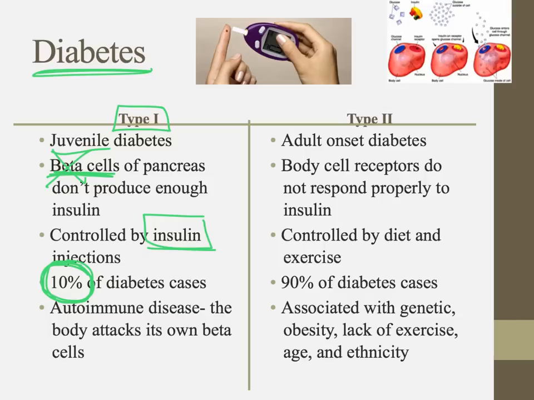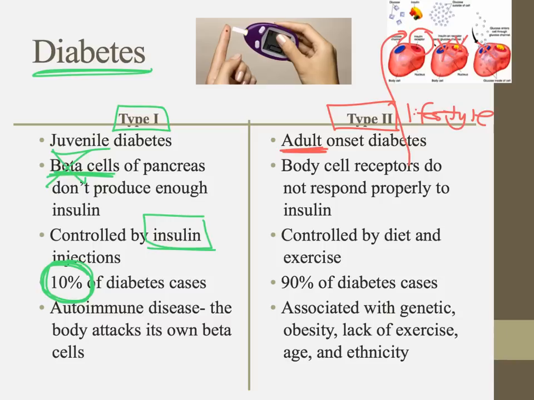This is quite different than type 2 diabetes. This is very much a result of lifestyle choices, and we often call it adult onset diabetes. This is when those insulin receptors that we talked about earlier are not responding properly to insulin. If they're not letting insulin bind, then those glucose channels are going to remain closed.